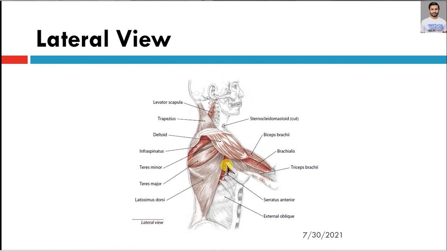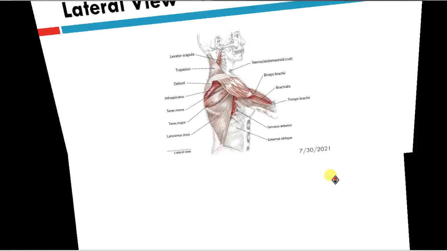If somebody is taking forced inspiration, this is also a muscle of accessory inspiration, so it helps in inspiration. So you can clearly see the serratus anterior muscle in the lateral view, and latissimus dorsi is maximally exposed, and latissimus dorsi is in continuation with the thoracodorsal fascia as well. The deltoid can be seen, the bicep, the brachialis, the tricep, and the rest of the muscle can be seen over here.